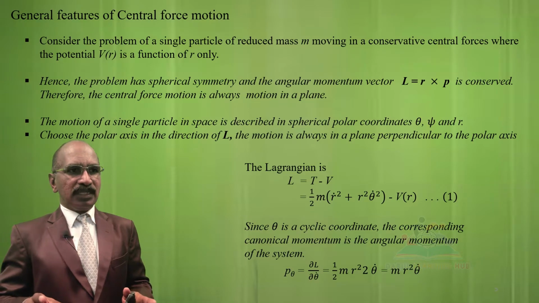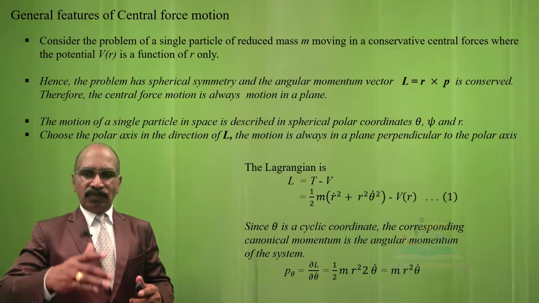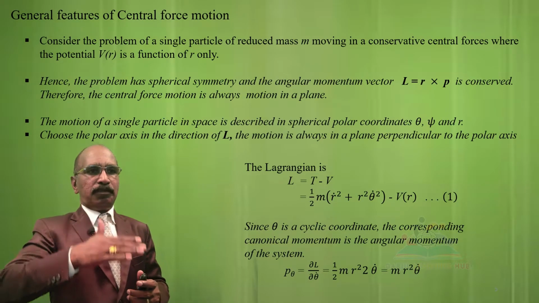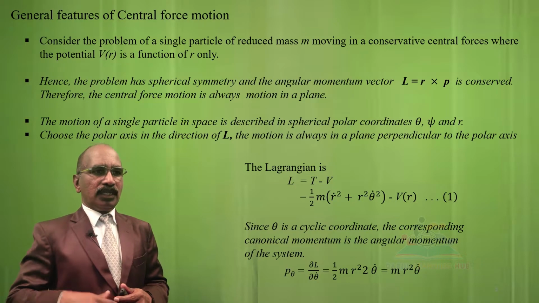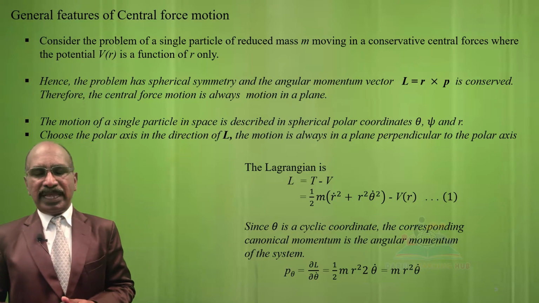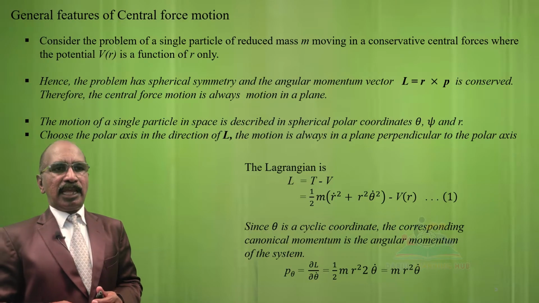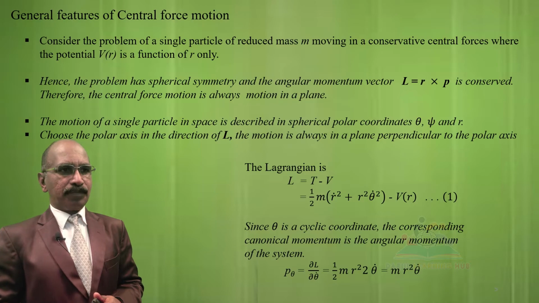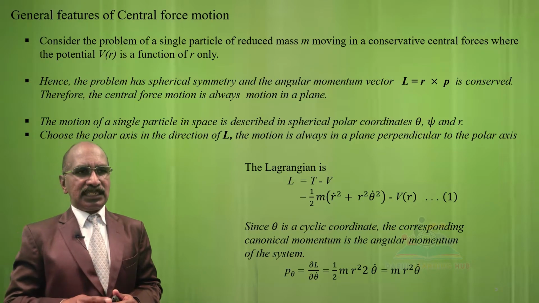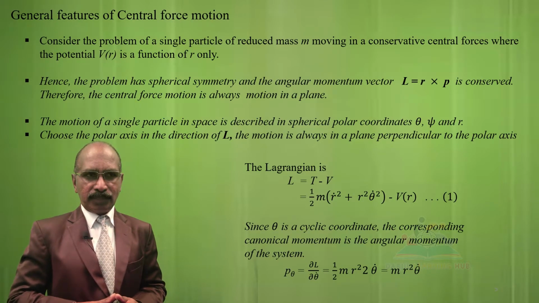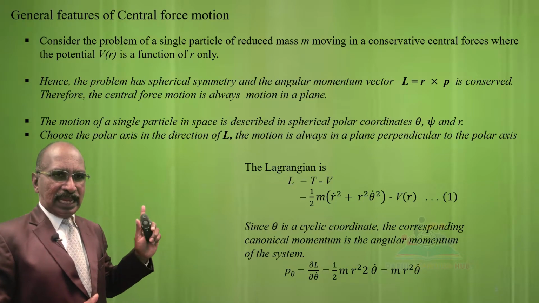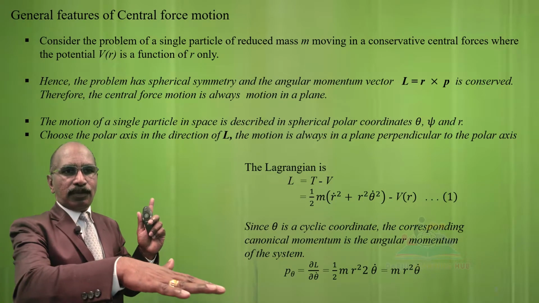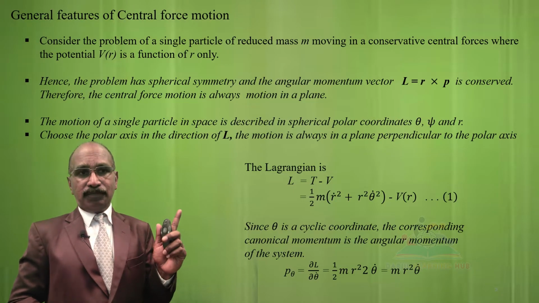That means the central force motion will be confined to a particular plane only. The motion of the single particle in space could be described in spherical polar coordinates r, theta and phi. Choose the polar axis along the direction of L. If you choose the direction along L, then the motion will be in a plane perpendicular to L.